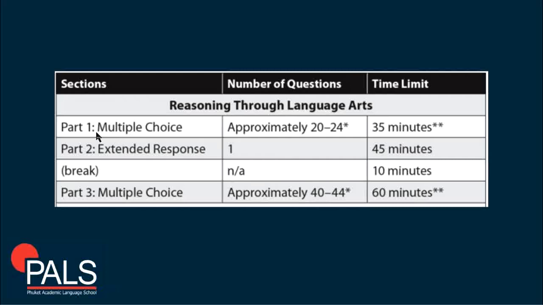And as you notice here, part 1 and part 3 are labeled as multiple choice. Okay. So what sort of questions might you have for part 1 and part 3? Well, there will be a lot of passages involved, and of course it will measure your reading skills and also your knowledge about the English language, so grammar and standard English.